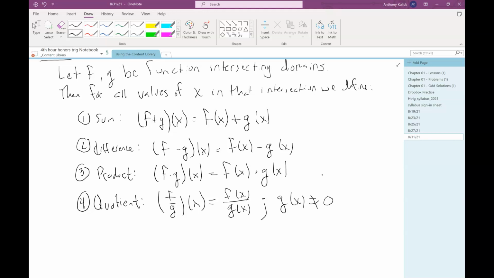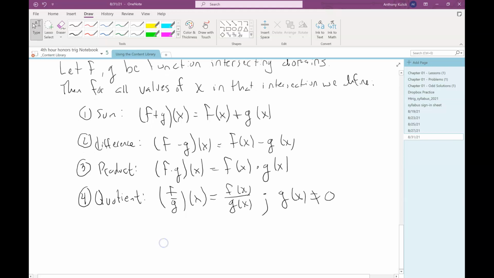If I want to add two functions, it's really nice to be able to go, okay, instead of adding the two functions and then evaluating, I can evaluate the two functions separately and then add them together, which is what we would hope we'd be able to do. That makes life much easier if those two actions are equivalent.